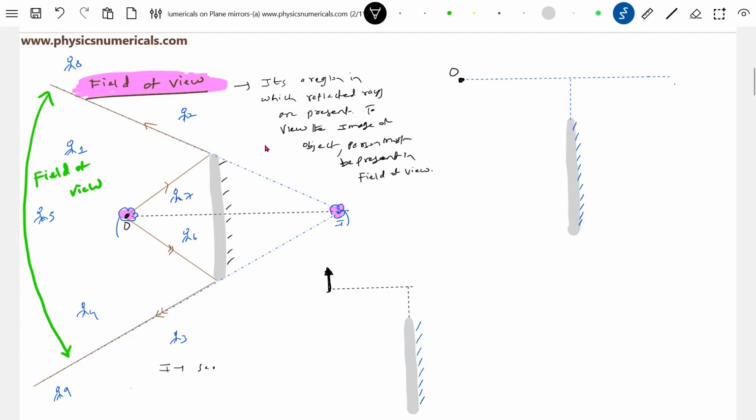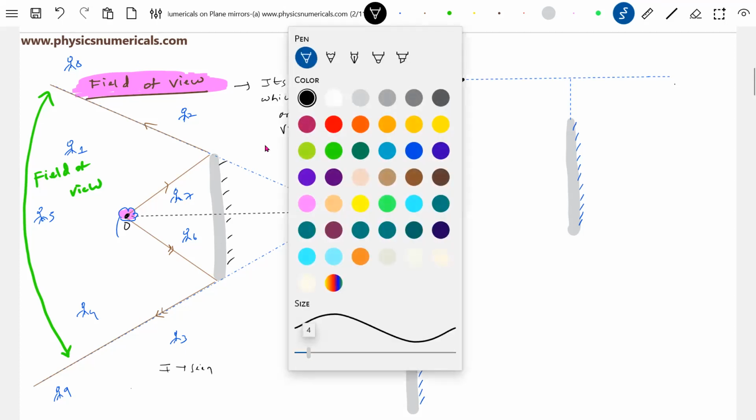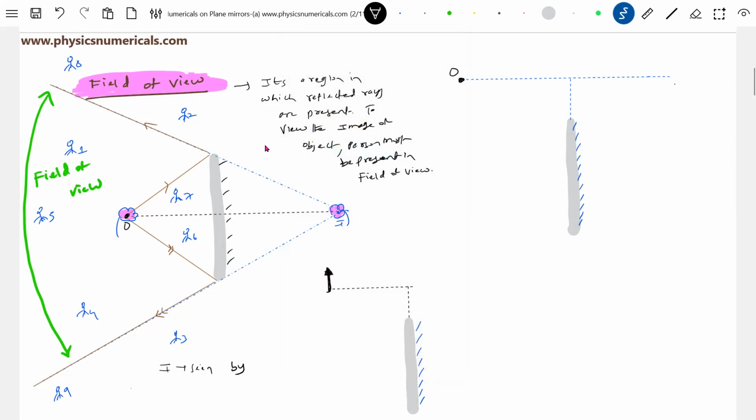All will see this. Let me write clearly. This image I is seen by persons numbered 1, 4, 5, 6, 7.